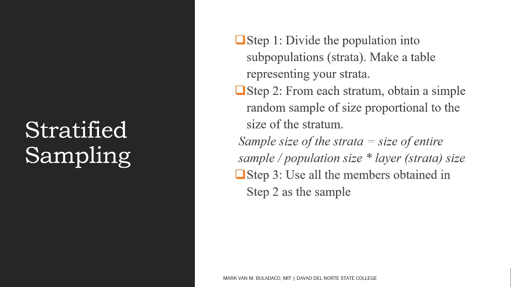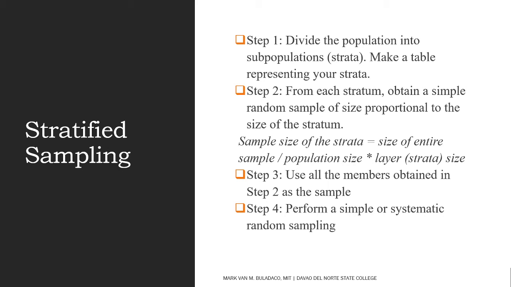Then step 3, use all members obtained in step 2 as the sample. Basically, those are your samples of each stratum, or each subpopulation. Then you perform simple or systematic random sampling in choosing the units to be represented in the sample of each stratum.